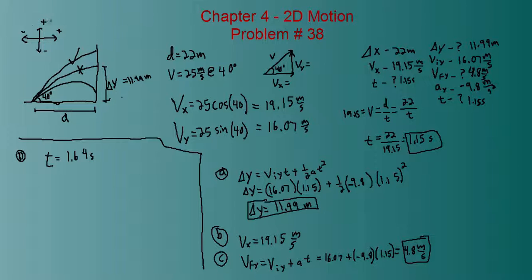Because we're keeping our signs consistent and defining our signs, had this been a negative 4.8, we would know it's on the way back down. But because it's positive, we know it's on the way up. And so the answer to our question is no, it has not reached its highest point yet.